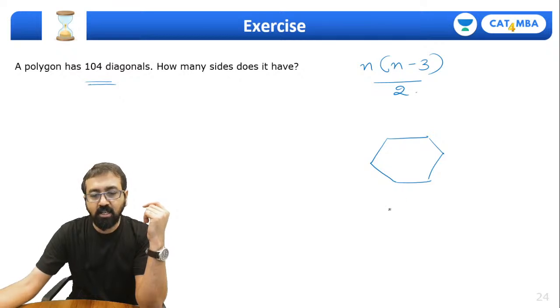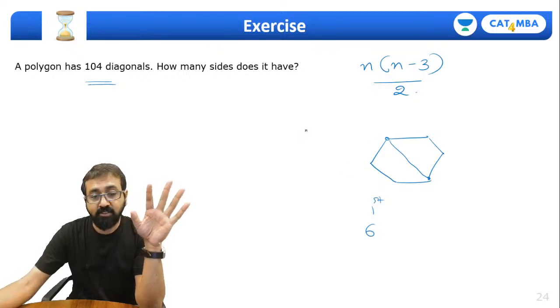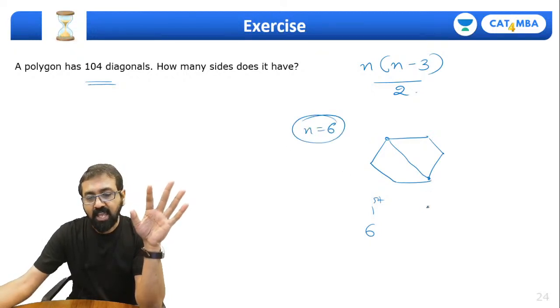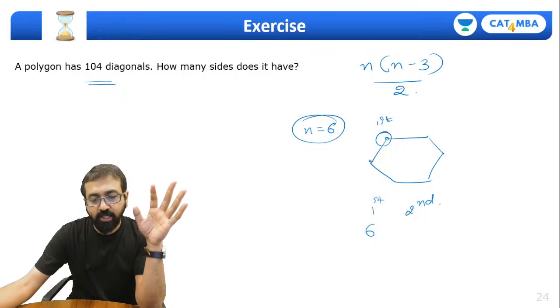If I take a hexagon, to create a diagonal I'll need to connect 2 points. So the first point can be picked from any of the 6 points, where I have taken n equal to 6. Now suppose I have picked this first point. So the second point will be a point excluding these points.